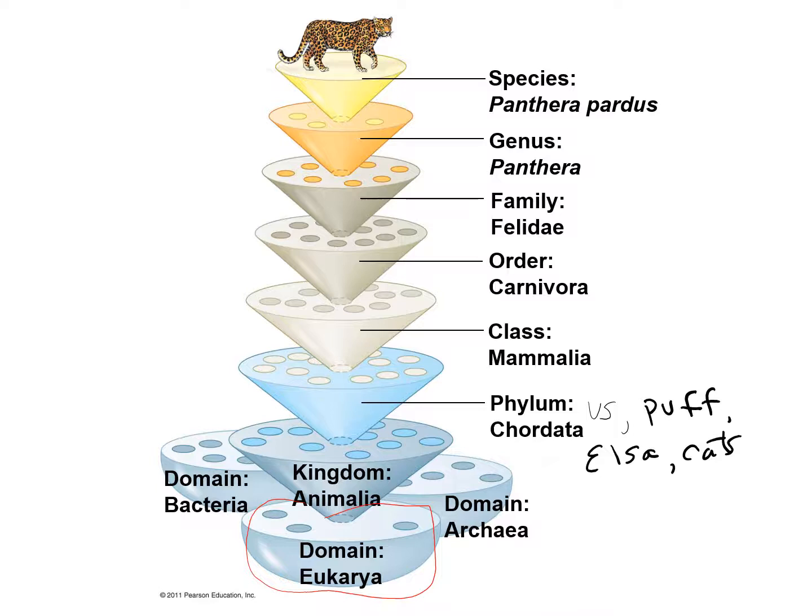Mammals have hair, they produce milk, so we can't include Puff anymore, but we can include us, we can include dogs, we can include cats still, and many other mammals. Then when we get to the order Carnivora, we are not in that order, we are in the primate order, so we're going to exclude humans at this point, but we would still include things like dogs and cats.